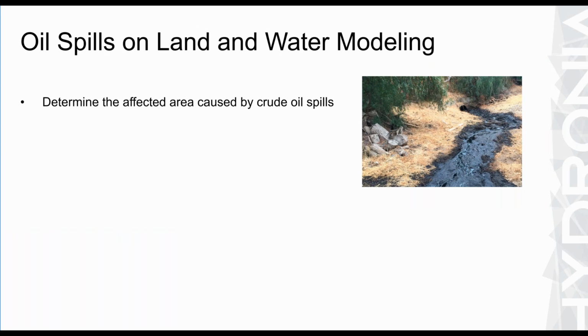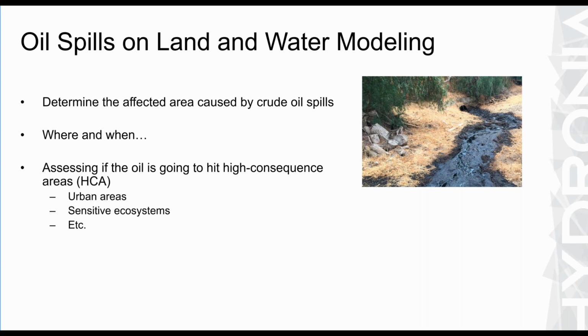The main purpose of modeling oil spills on land and water is to determine the affected area caused by crude oil spills: what the affected area is, where the oil is going, and when it is arriving at the different locations. The main purpose of that is to assess if the oil is going to hit high consequence areas, what is called HCA.